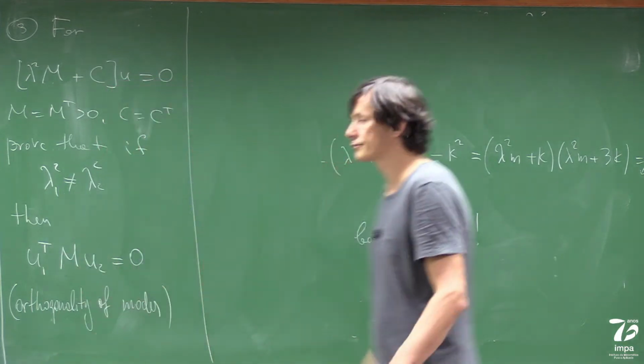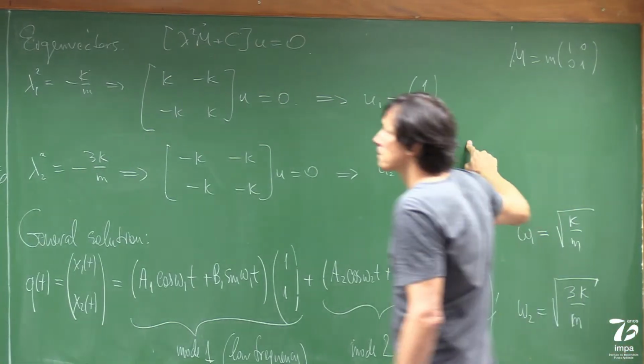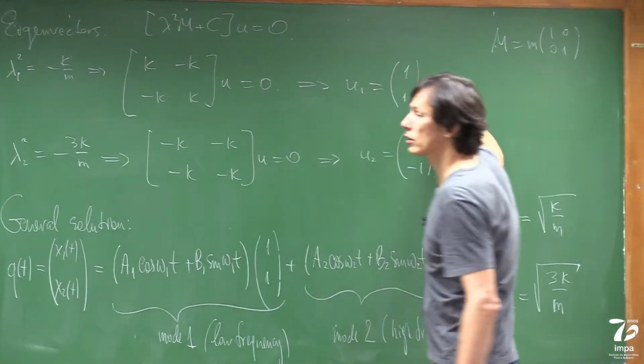Orthogonality of modes. You see it here, right? Remember, our matrix M was just 1, 0, 0, 1, times m. And you see clearly that they are orthogonal. Eigenvalues are different, so vectors are orthogonal.